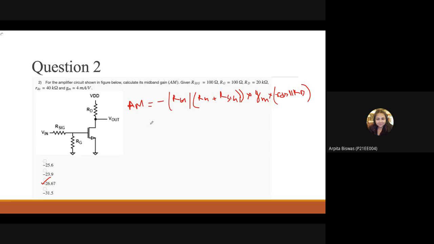Tell me the value. What is the value of RG? RG is given as 100 ohm. Other students, please try to solve. Into, and both are 100, right? 100 plus 100.